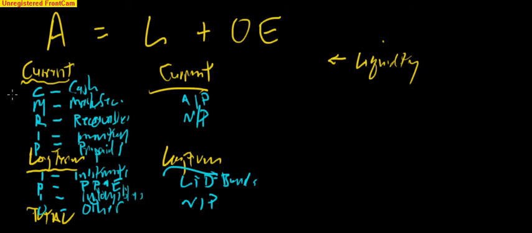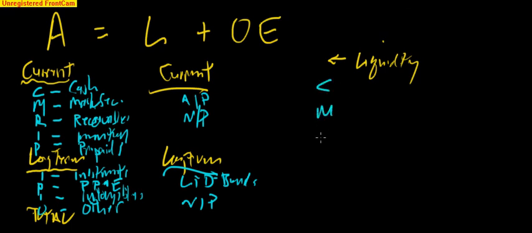But you can remember this. I learned it: CMRIP, IPIO. And that might sound like nonsense, but it has stuck with me forever. CMRIP: cash, marketable securities, receivables, inventory, prepaid. IPIO: investments, property, plant, and equipment, intangibles, other. Let me just blow that up.